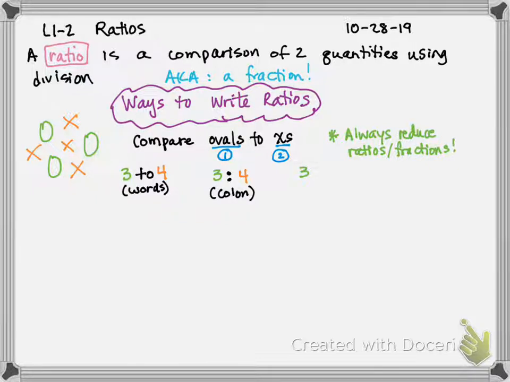So 3 compared to 4, so 3 ovals compared to 4 x's. So that's our fraction. So these are the 3 ways that you can write a ratio. All right, I think I am going to go to the next screen, so hold on a second.